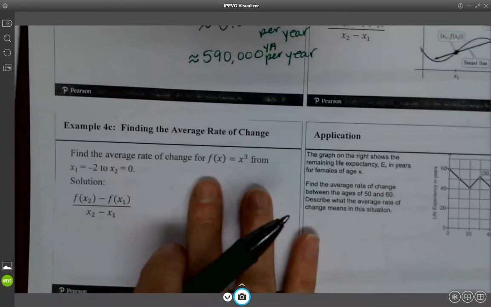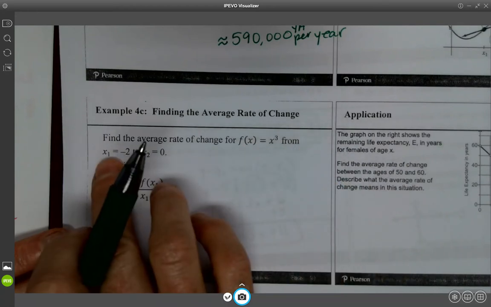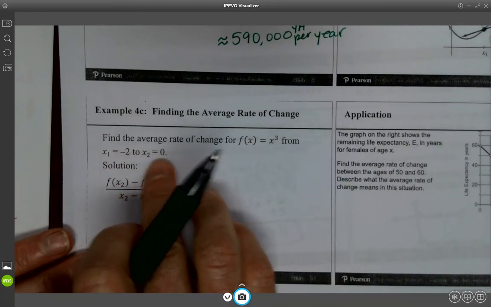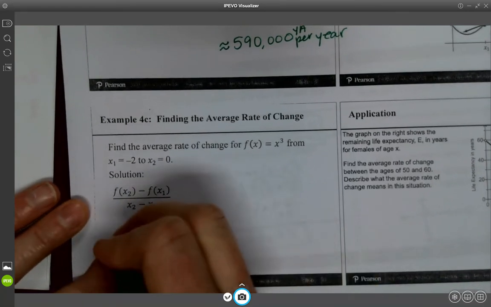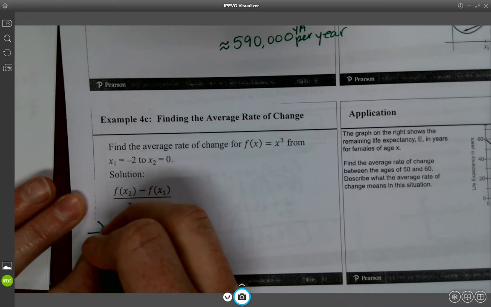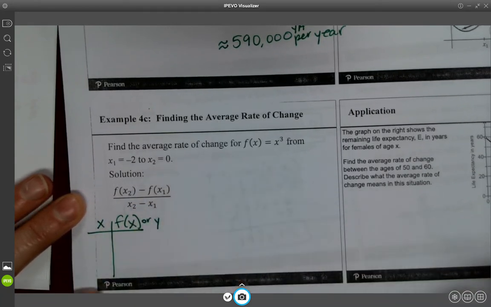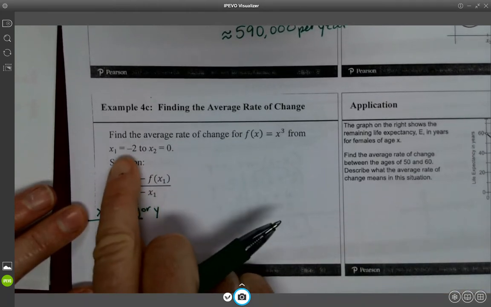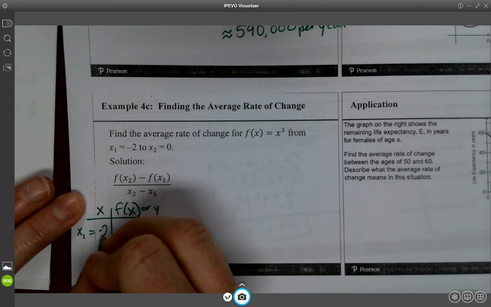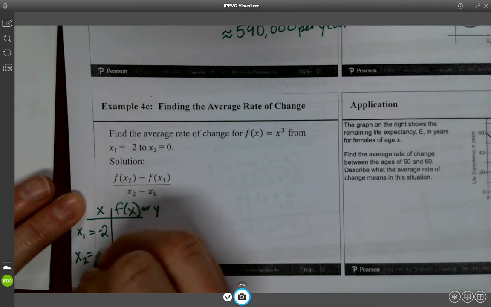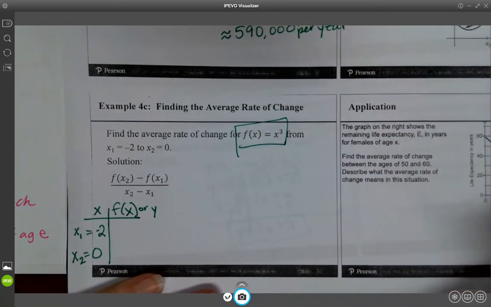So it says find the average rate of change for f of x equals x cubed from x1 is -2 to x2 is 0. So what we need to do is let's do our x and f of x or y, so we have 2 values. Our x1 is going to be -2 and our x2 is 0. They've given us the function.